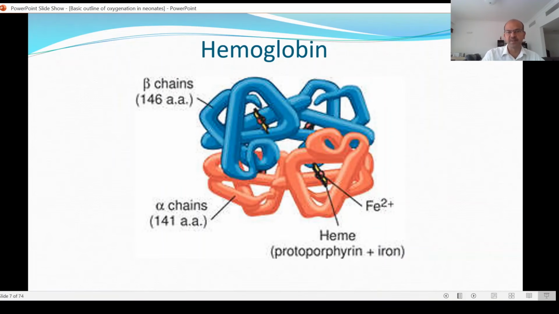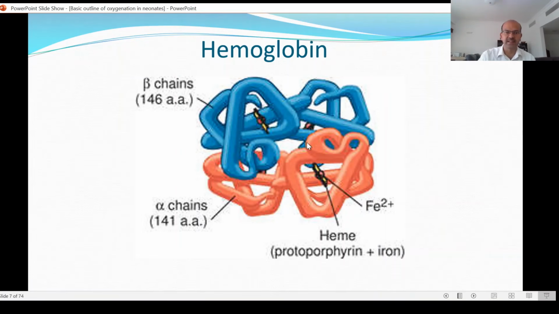So different abnormalities of hemoglobin like sickle cell alter the chemical composition of the globin chains, and in thalassemias we have less of the particular chains according to whether it is alpha thalassemia or beta thalassemia. So this is about hemoglobin.